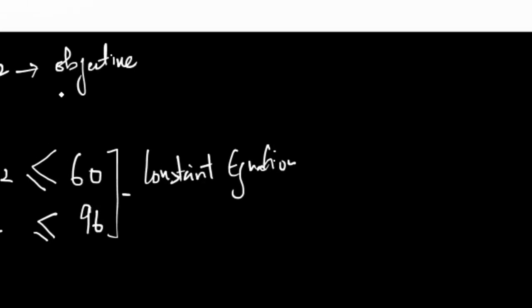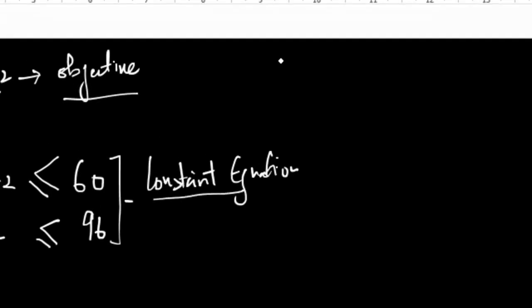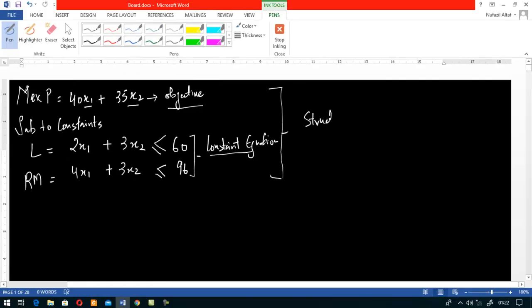Overall, the set of the objective function and the constraint functions is known as the structure of linear programming problems. So I have to produce two products, x1 and x2. If I sell x1 I will earn 40, if I sell x2 I will earn 35.